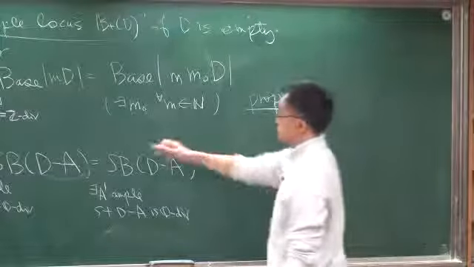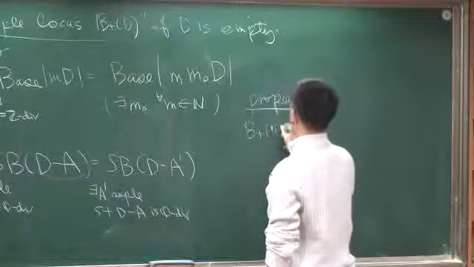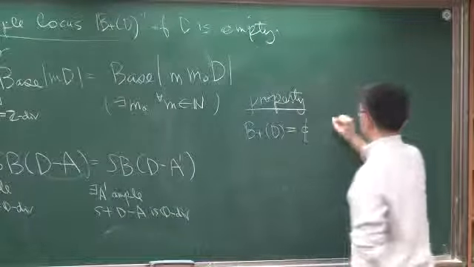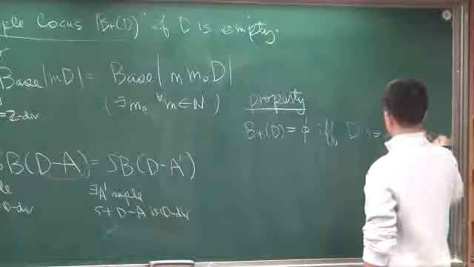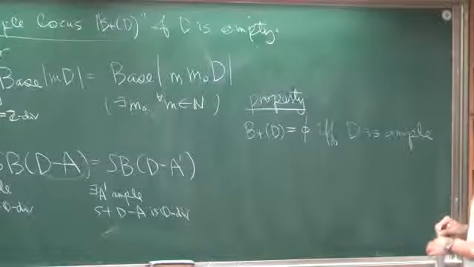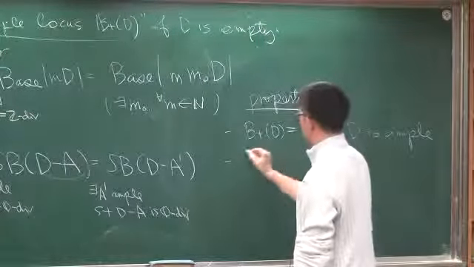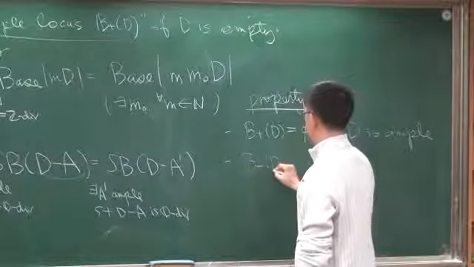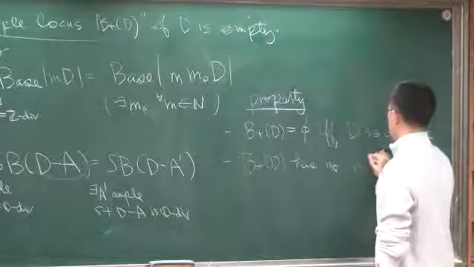So the first one is, as the terminology says, B_+(D) is empty if and only if D is ample. Okay. And the second condition says B_+(D) has no isolated points.